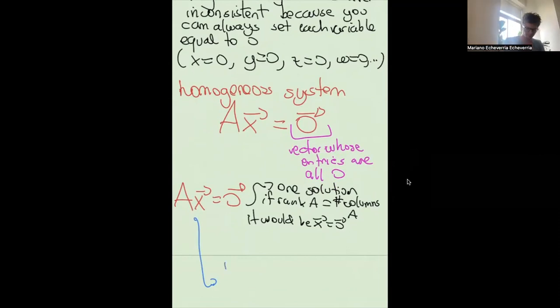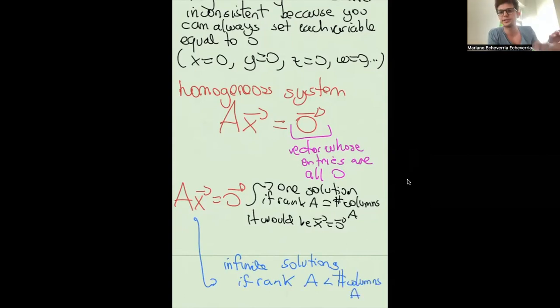So that's okay. But I'm just saying that at least for homogeneous systems, you don't have to worry about the inconsistent case, which can never arise. That's good to know.